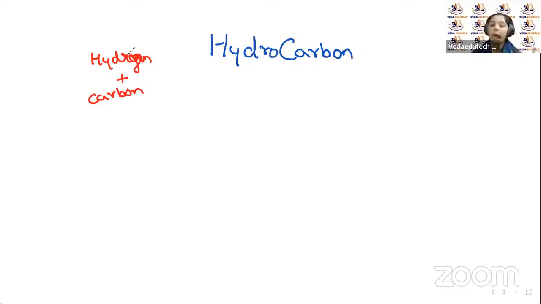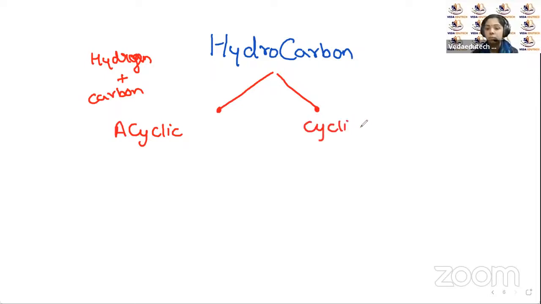The ones made up of hydrogen and carbon are called hydrocarbons. Hydrocarbons are of 2 types, cyclic and acyclic. Then again, that is divided further, acyclic and cyclic.